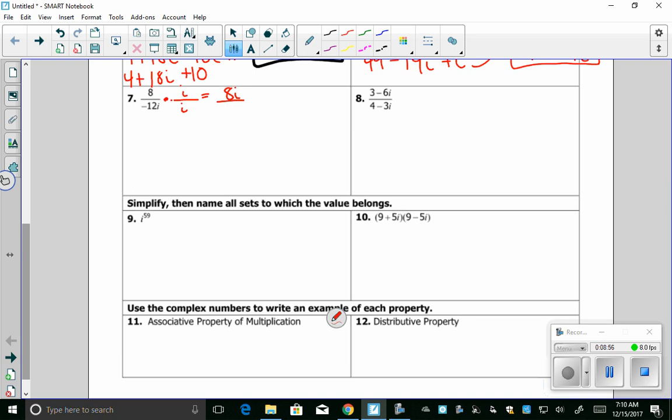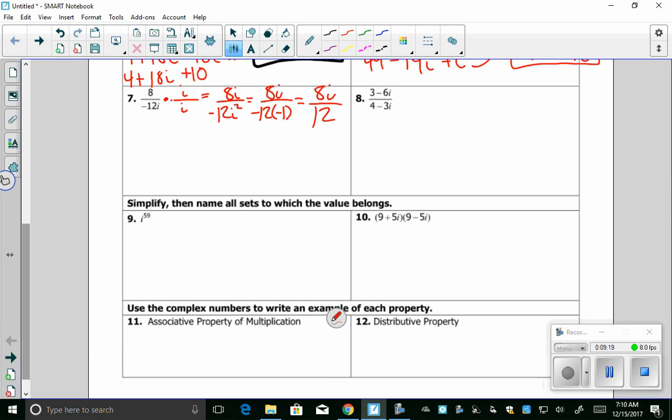Negative 12i times i is negative 12i squared. Like we did in the last two problems, i squared equals negative 1, so I'm going to substitute it in so that I get 8i on top and a positive 12 on bottom.